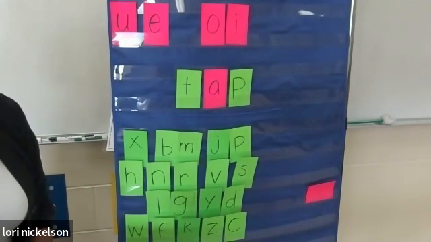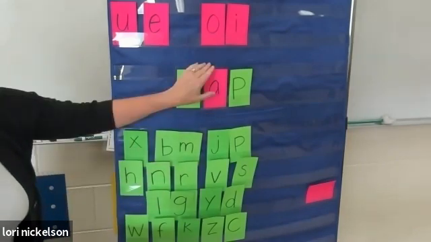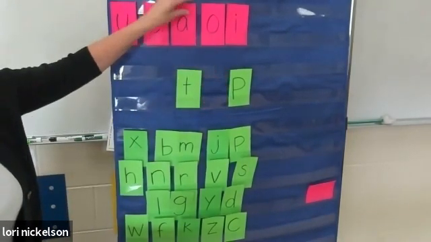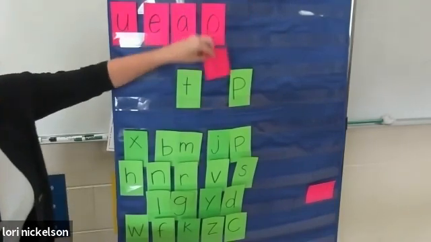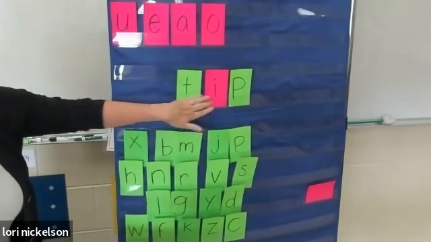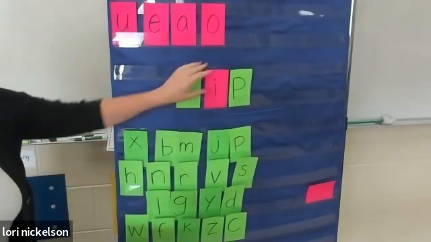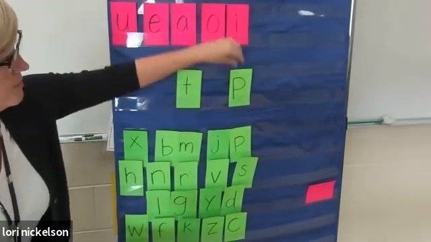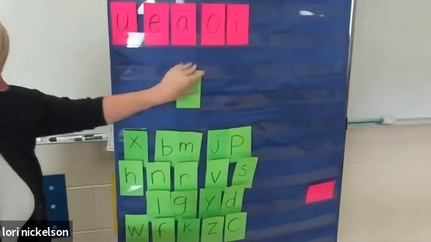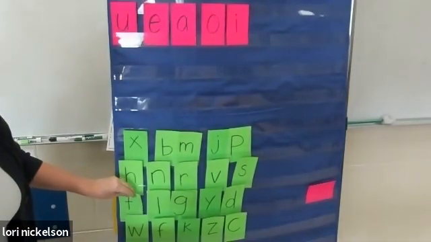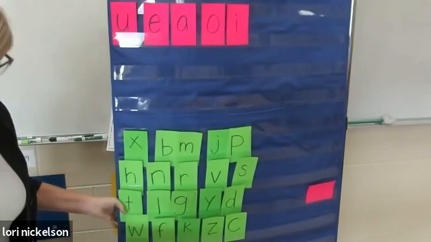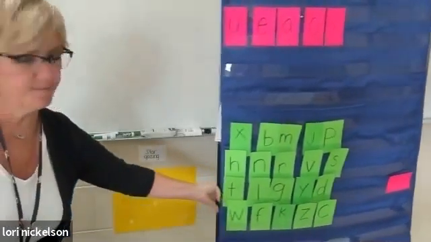What letter do I need to replace? The A. Good. And I'm going to replace it with the I. And now I have tip. Great job, guys. All right, let me put these back where they go. Good job. I'll slide that over a little bit.